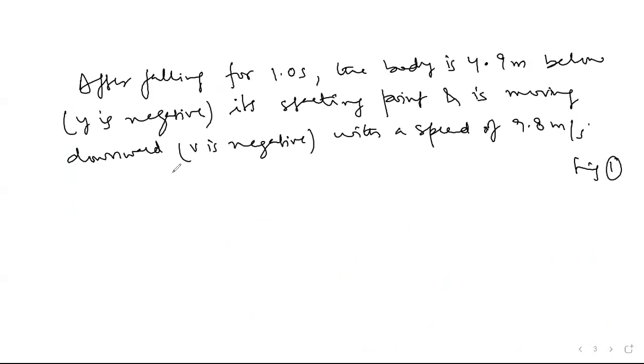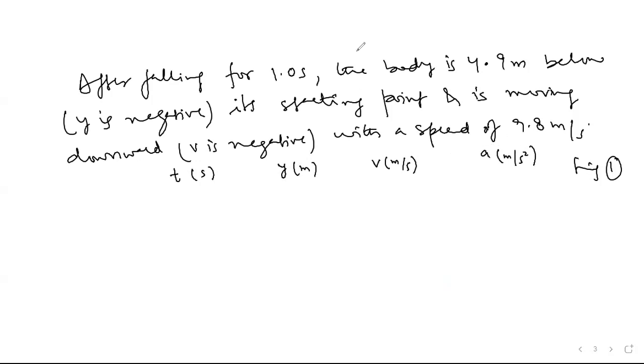So if this is t, this is time in seconds, then this is y, position in meters, then I have velocity in meter per second, then I have acceleration in meter per second square.